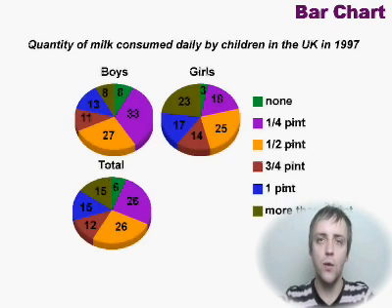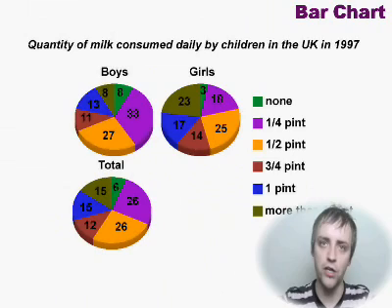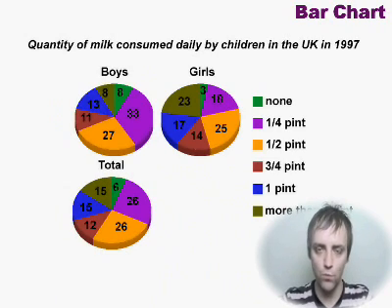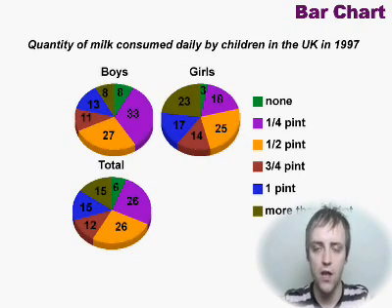So, here we have a more detailed view of the charts. Now, first of all, what you've got to look at is each chart individually. Okay, we've got the key to the side showing us what the colours mean, and the colours mean different amounts of milk, different volumes of milk. Okay, in pints, as was said before.